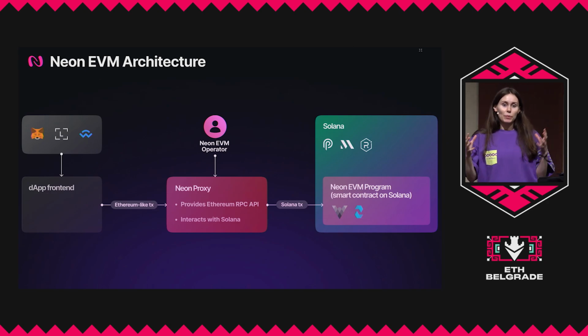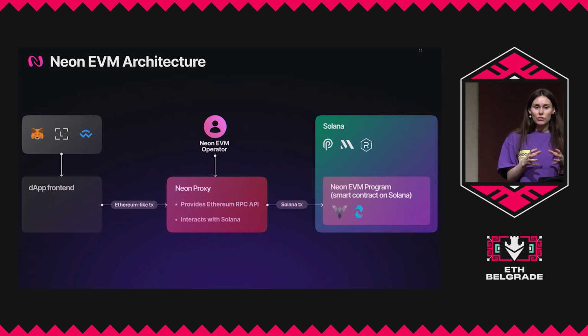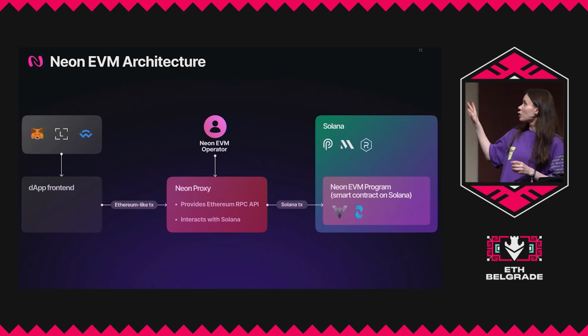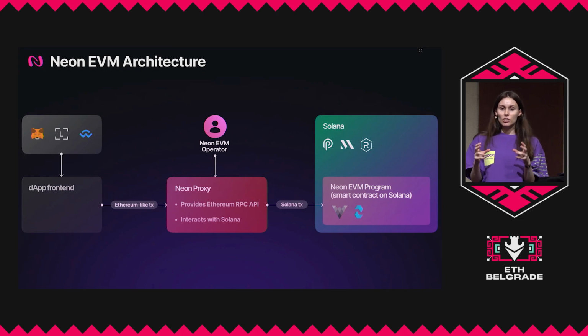Neon Proxy prepares the transactions off-chain. It wraps Ethereum-like transactions into Solana-style transactions by adding them mostly into the data field of the Solana transactions. It provides Ethereum RPCs, and basically it prepares this transaction that goes into Solana.